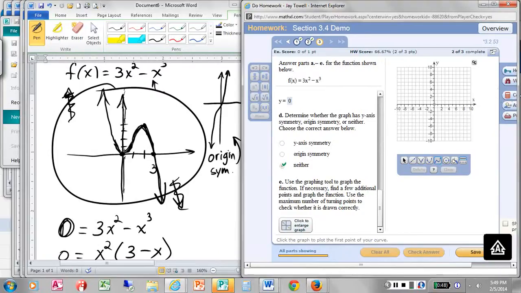All right, and what I'm going to want to put on that, I believe, is a couple of points. I need to put the intercepts, x-intercepts. Got 0, and then I got 3. All right, then I also found the point 2, 4.